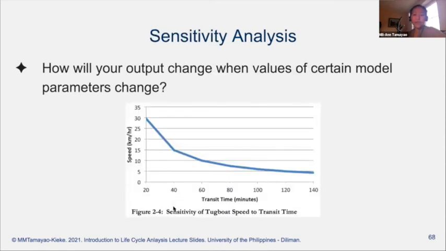Next, sensitivity analysis. Okay. The main question here is, how will your output change when values of certain model parameters change? Okay, so in this simple example, sensitivity of tugboat speed, transit time, as you can see, ano ma-observe natin sa curve?